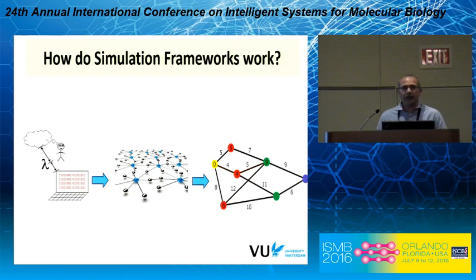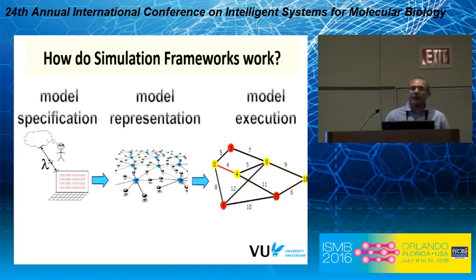They then usually represent the specified pathway as a network, and thereafter they take care of information flow from one node of the network to the other one in order to realize a simulation. So these three characteristics, model specification, model representation, and model execution, are very important for a simulation framework.